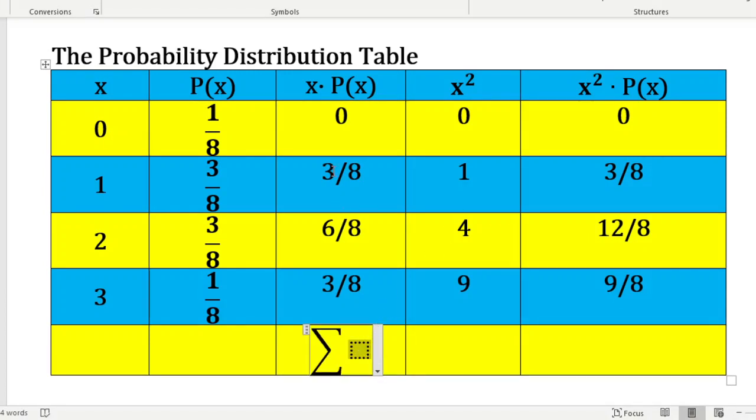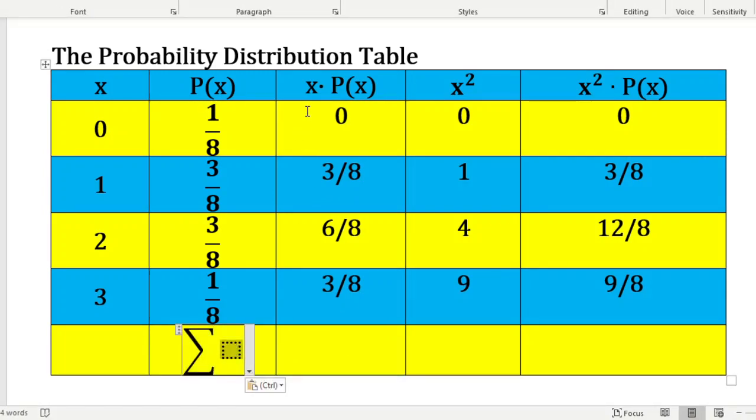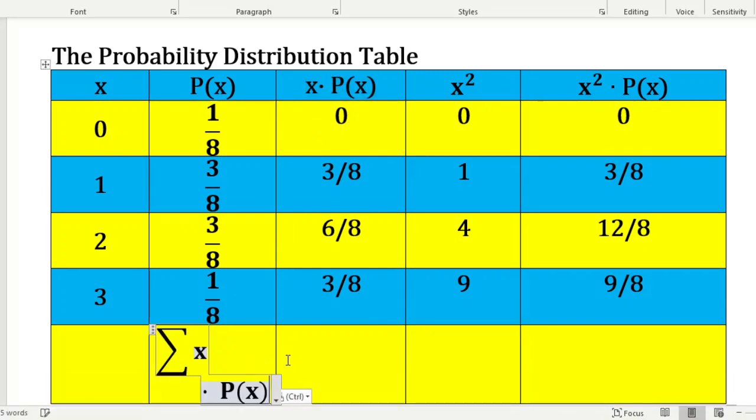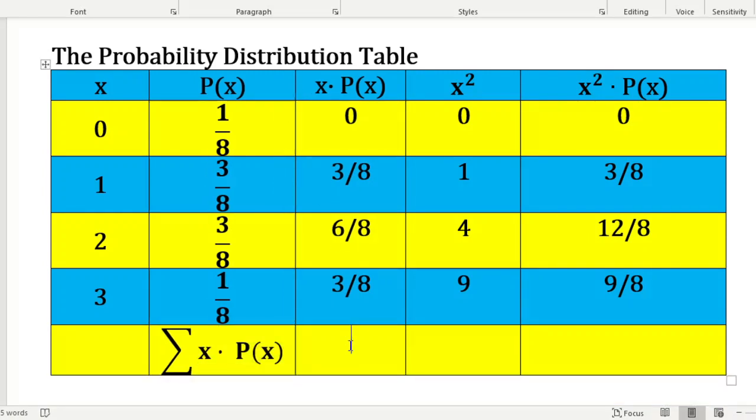The summation of the products of each possible value and its corresponding probability. We have 0 plus 3/8 is 3/8 plus 6/8 is 9/8 plus 3/8 is 12/8. In decimal, it is 1.5.